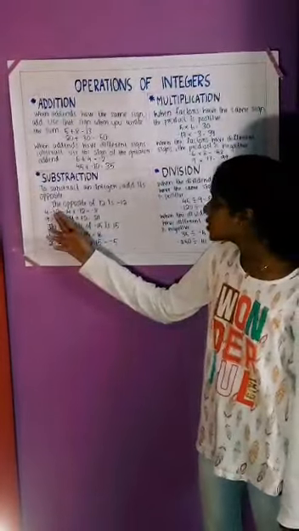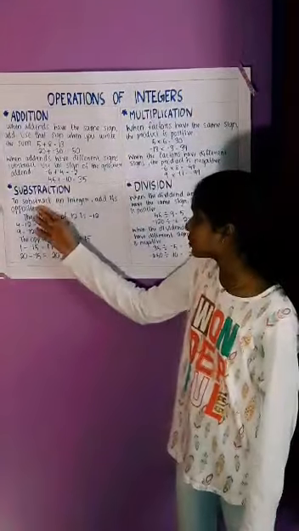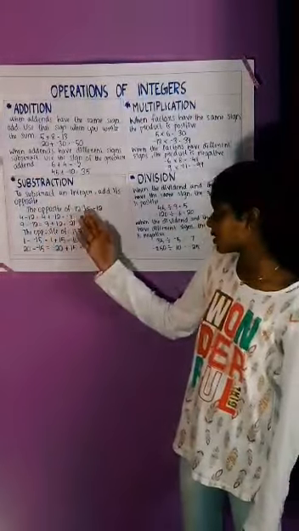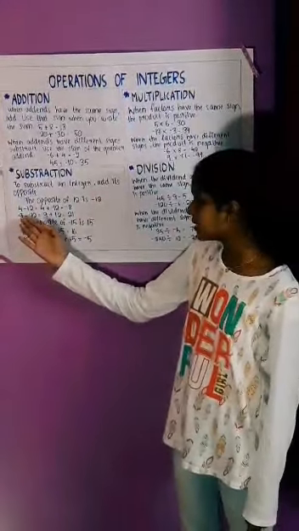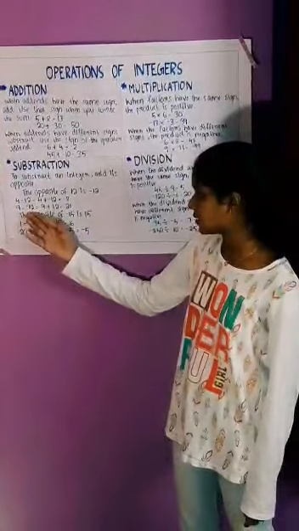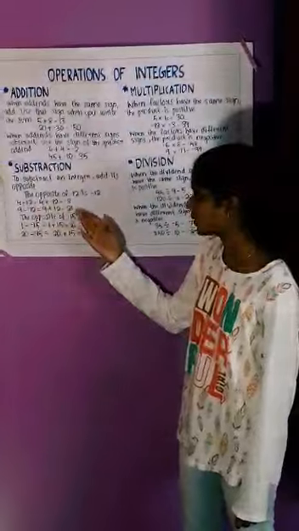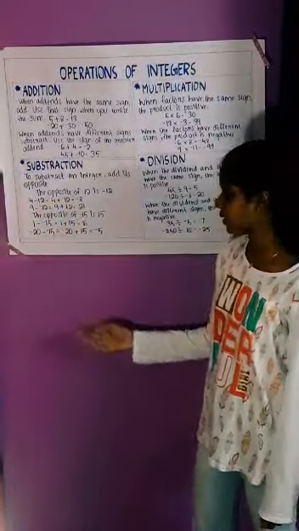Here, +12 has changed to -12. That means to subtract an integer, add its opposite, and the opposite of 12 is -12. Another example, 9 minus -12 is equal to 9 plus +12 is equal to 21. Here, -12 has changed to +12.